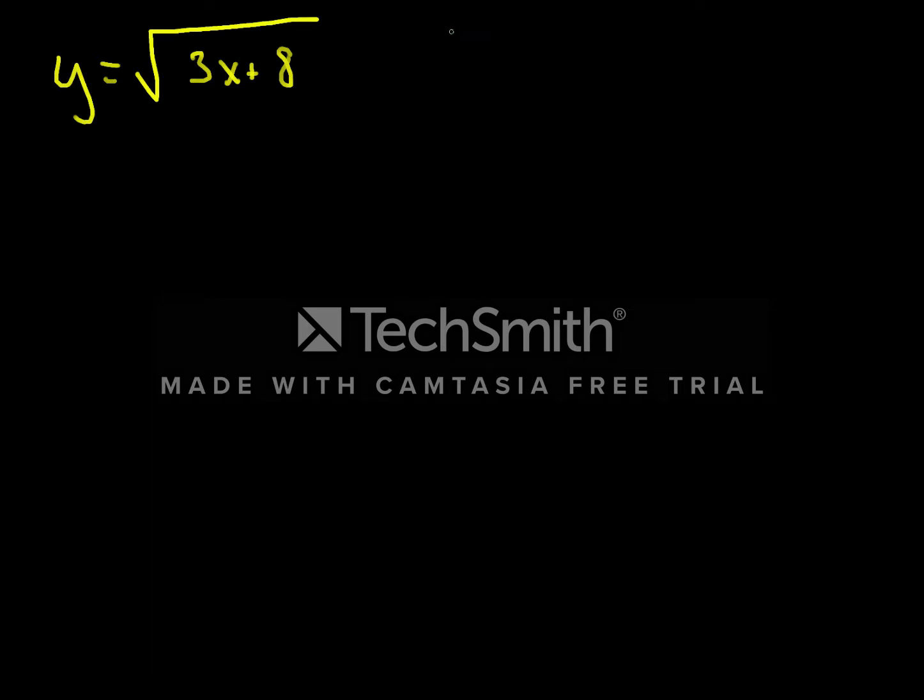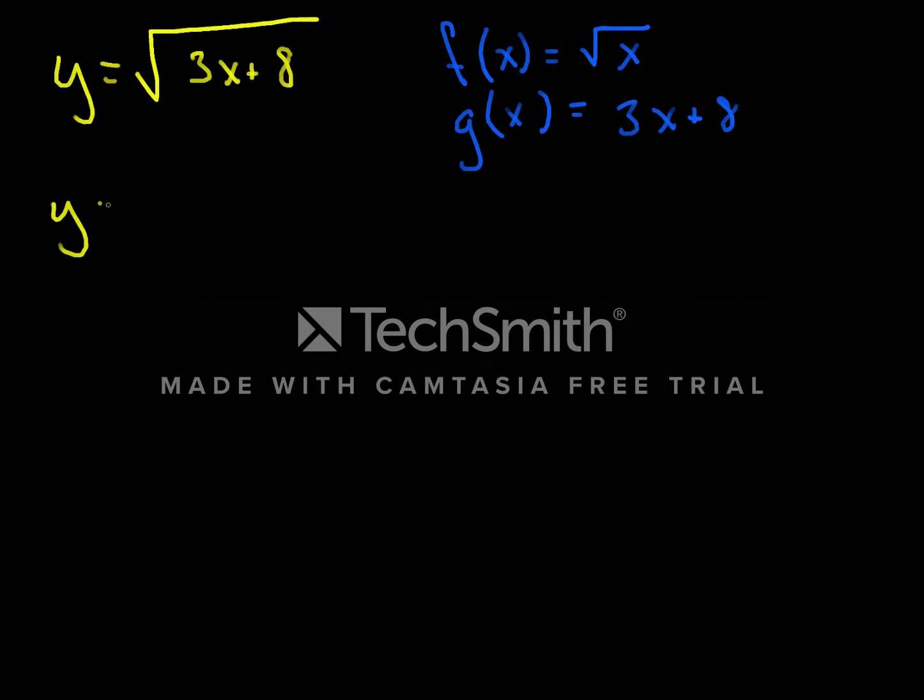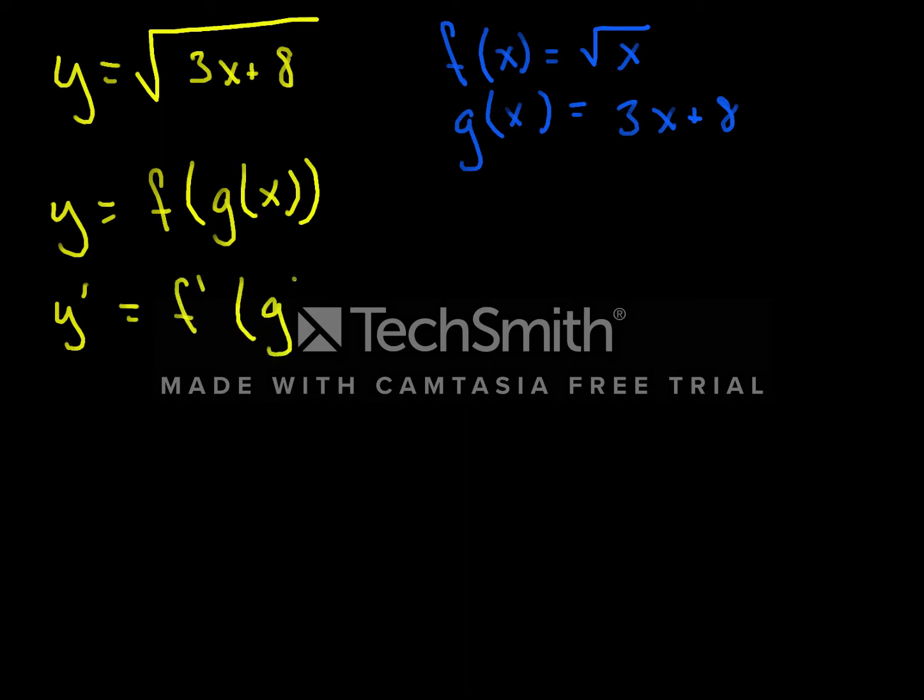We can say that our outer function f of x is the square root of x, whereas the inner function g of x is 3x plus 8. So with that, we can rewrite y as being f of g of x. And our chain rule says that y prime is equal to f prime of g of x times g prime of x.